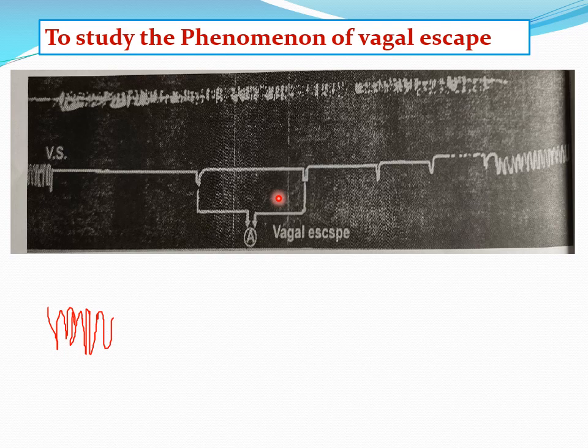So if the person is exposed to a stressful trigger, then there is a massive parasympathetic stimulation, and that parasympathetic stimulation inhibits the heart. It leads to a decrease in heart rate and blood pressure, and that's why there is a loss of consciousness.